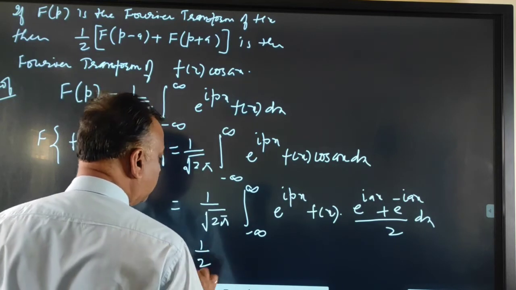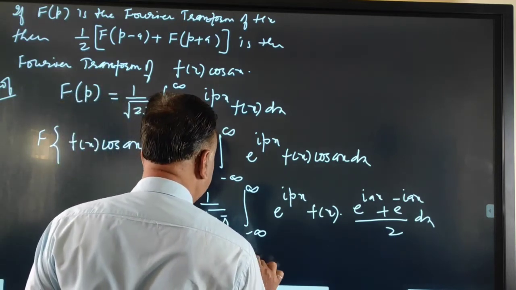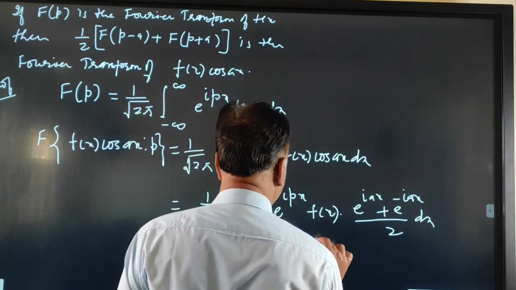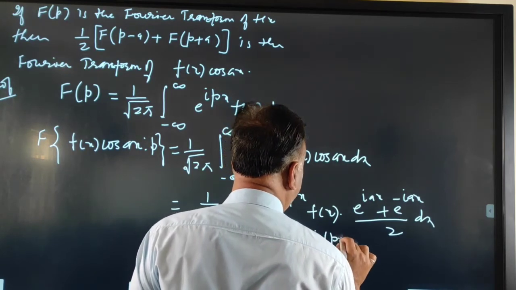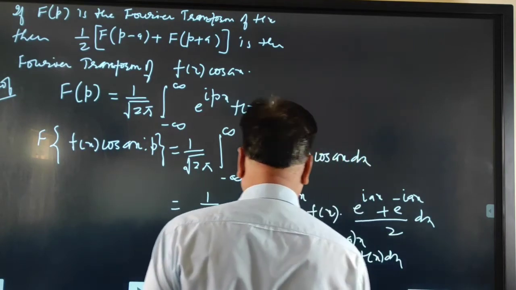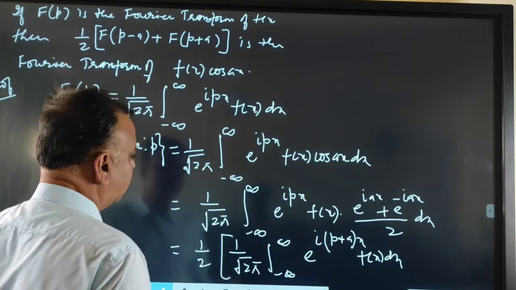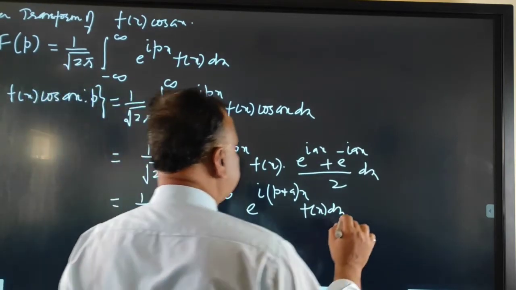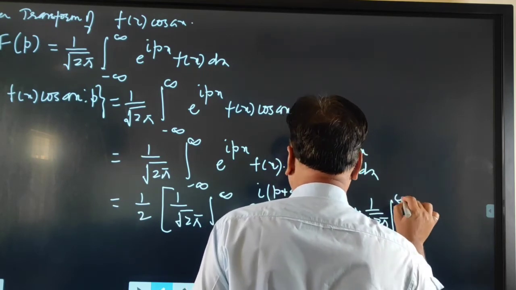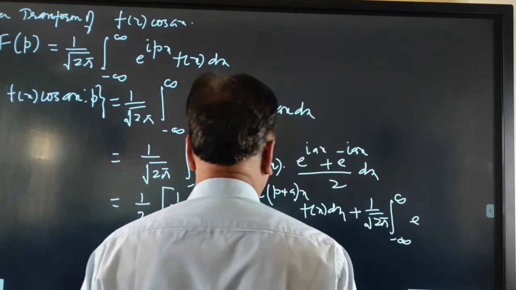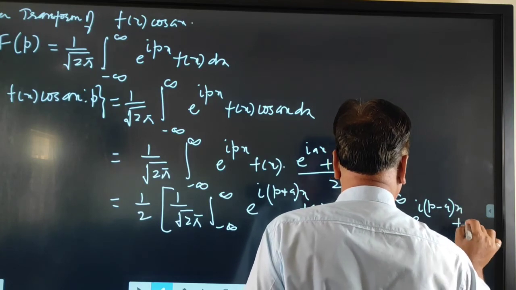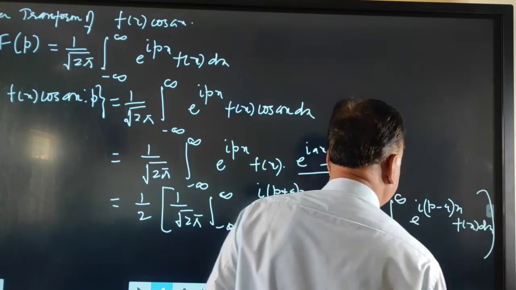Or this can be written as 1 by 2 into [1 by root 2 pi integral from minus infinity to infinity e raised to iota (p plus a) x f(x) dx plus 1 by root 2 pi integral from minus infinity to infinity e raised to iota (p minus a) x f(x) dx].